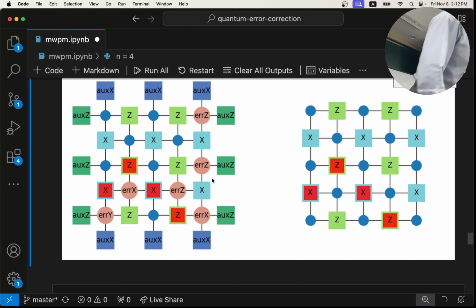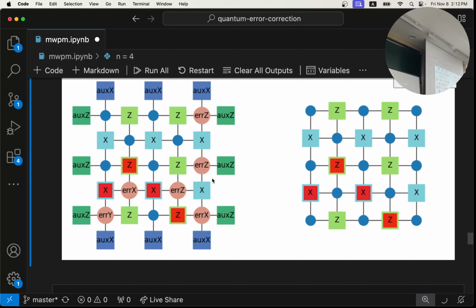Every edge between a stabilizer qubit and a data qubit, we are taking a syndrome measurement to detect which error occurred in total among the data qubits attached to the stabilizer. So for example, here, the data qubits attached to this stabilizer number 4.